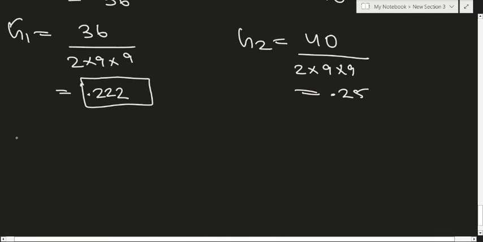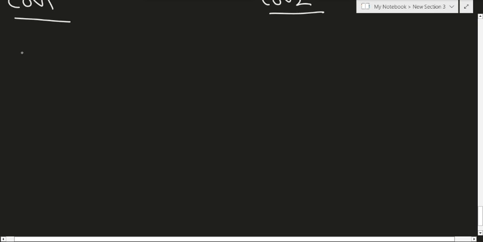Now let's calculate the coefficient of variation for the first one. For this, we need to find the deviations, square them up, and then add them up. So we have deviations yi minus mean. We have mean income as 9, so this would be 6, 3, and 3.